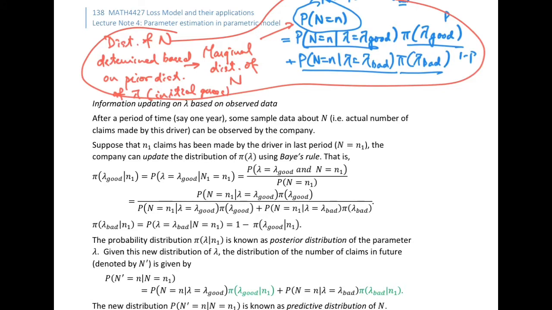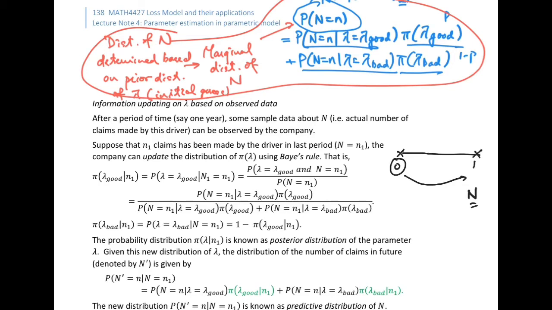Suppose after 1 year, this client tries to renew the insurance. Of course the insurance company will try to answer the same question on the distribution of N, isn't it?